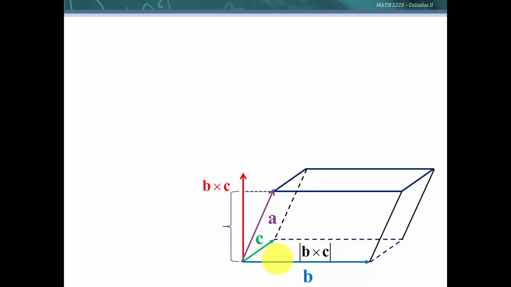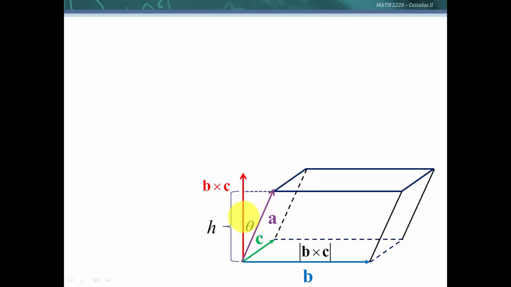We can get how high this is by looking at the height right here. We could figure that out using right triangle trigonometry again, because we're after this piece right here. With this angle, that would be adjacent over hypotenuse, and we could solve for that adjacent side.